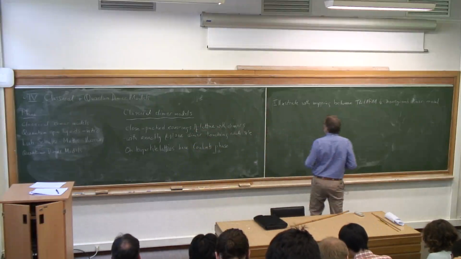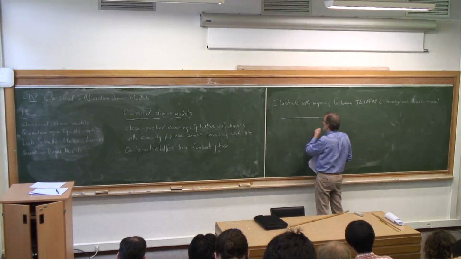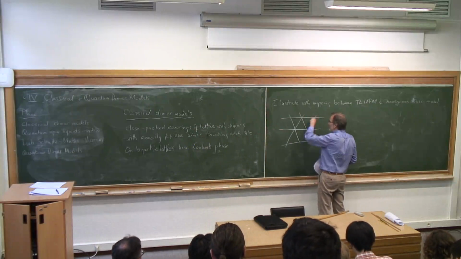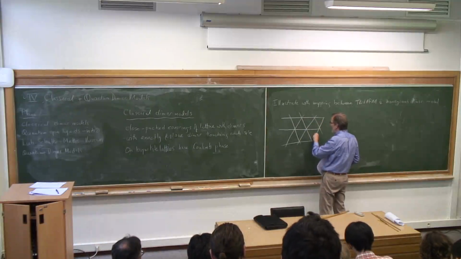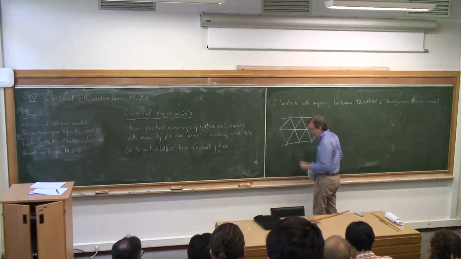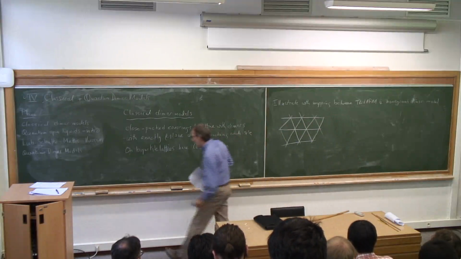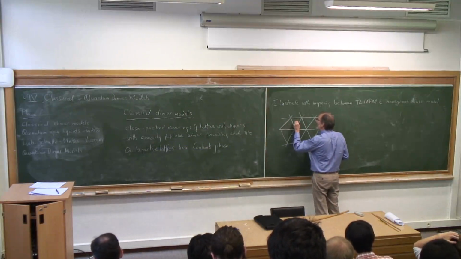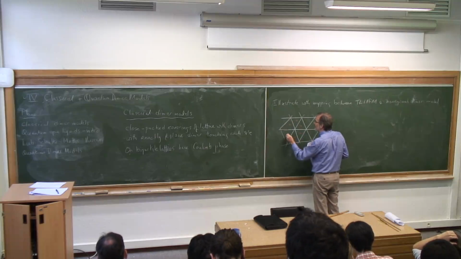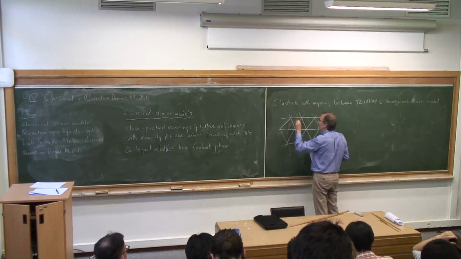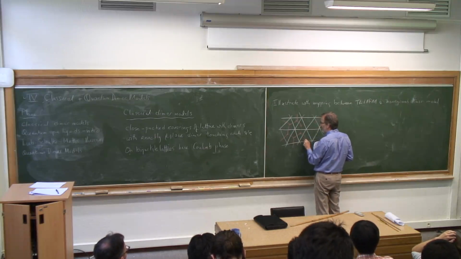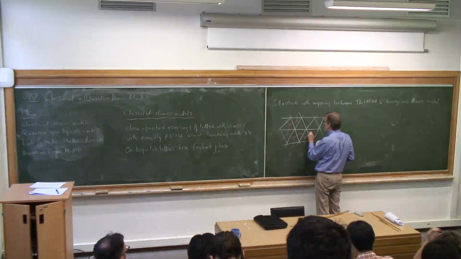So, if we have the triangular lattice, thinking of this Ising model, then we can construct a dual lattice by putting sites in the middles of the plaquettes and drawing bonds on the dual lattice that cross the links of the original lattice.